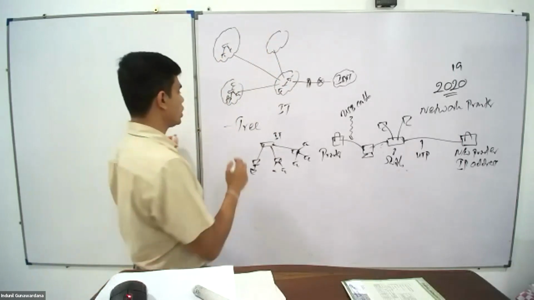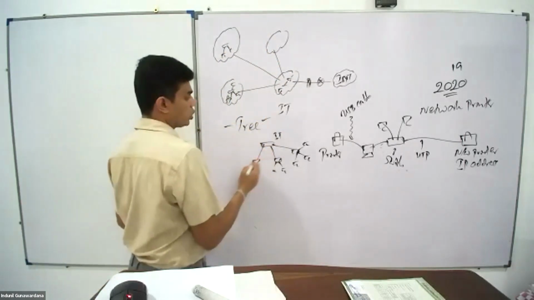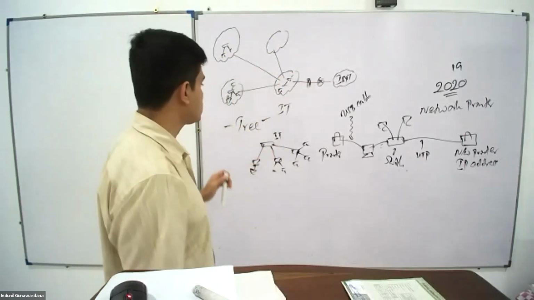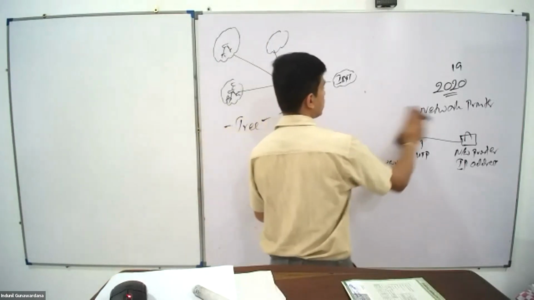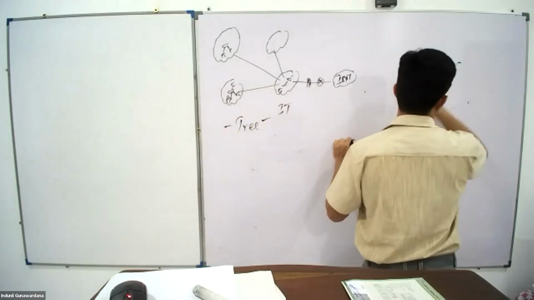Right. So just to write tree is enough, but for you to get a better idea, you can take a drawing like this, which clearly mentions how or why we mention it as tree.